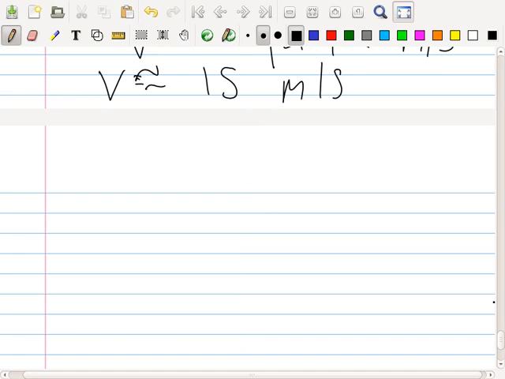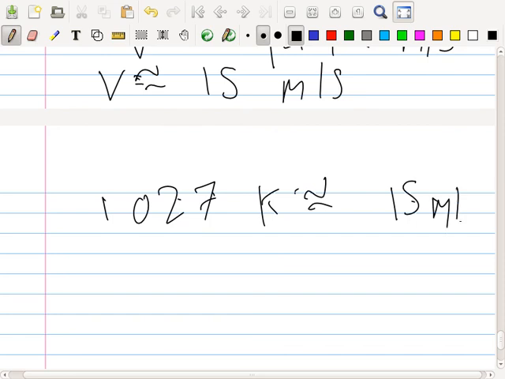So what did we start off with? We started off with the temperature. Jing Dong gave me the temperature for the engine, 1,023 Kelvin roughly, which will give me 15 meters a second.